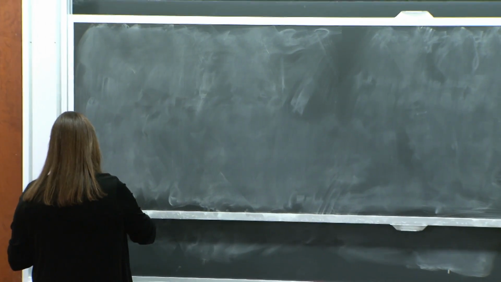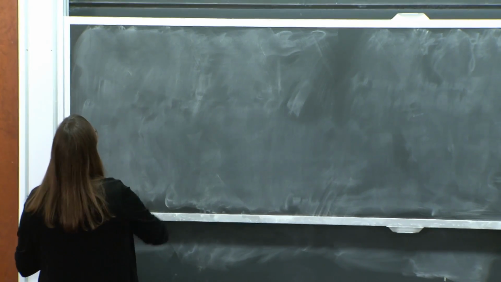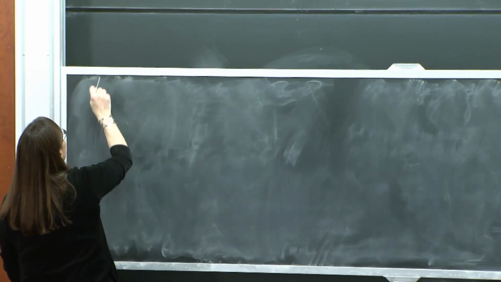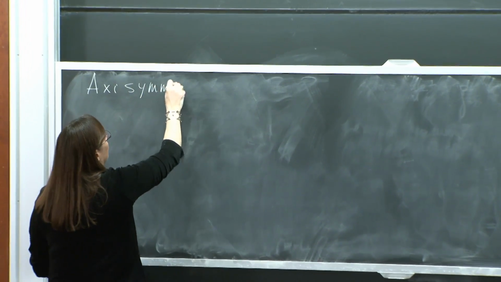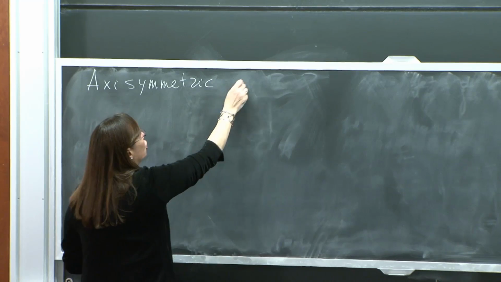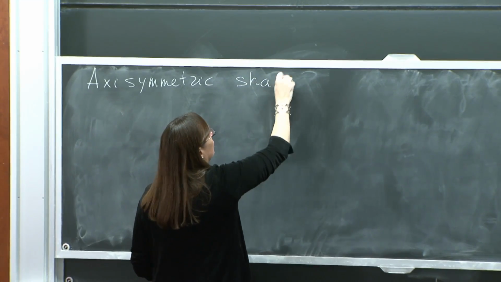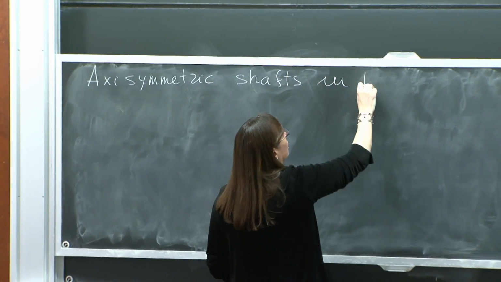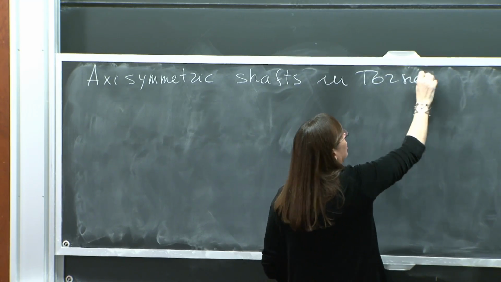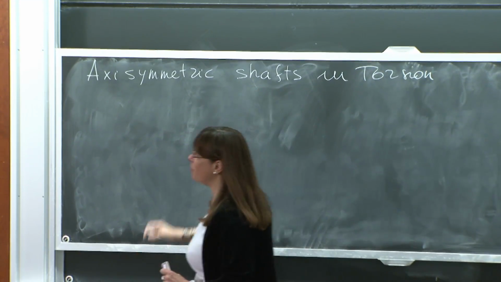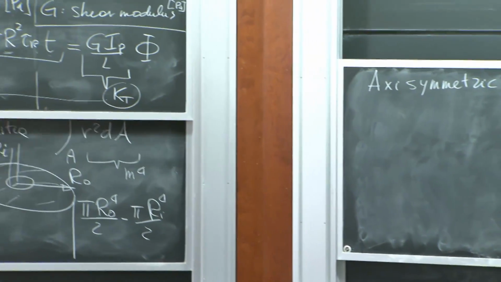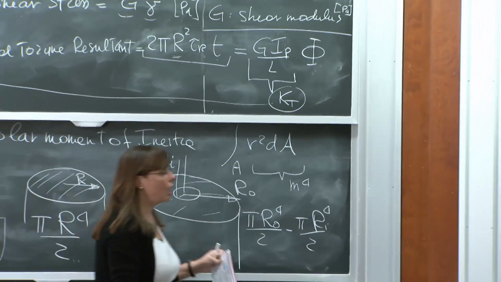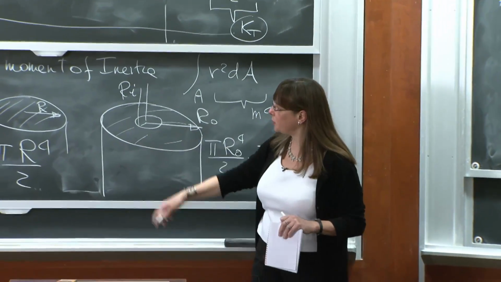Okay, so today we're going to do the special case of axisymmetric shafts in torsion. So axisymmetric means that the only kind of geometries we're going to deal with are geometries that look like that.